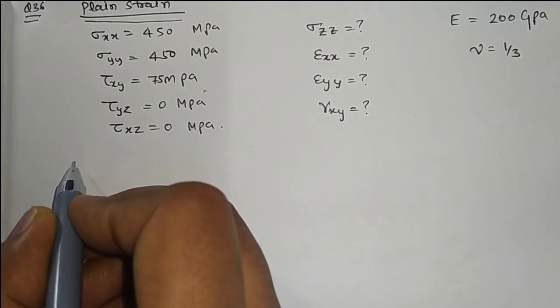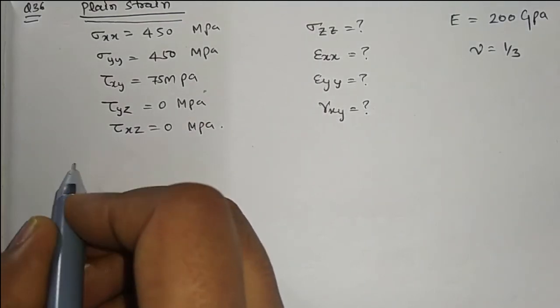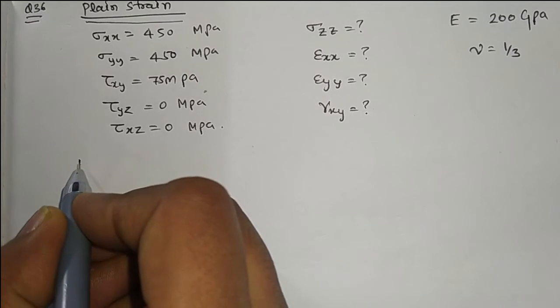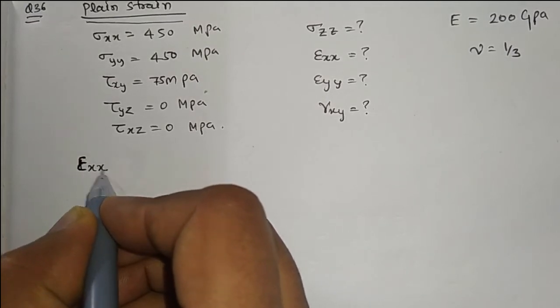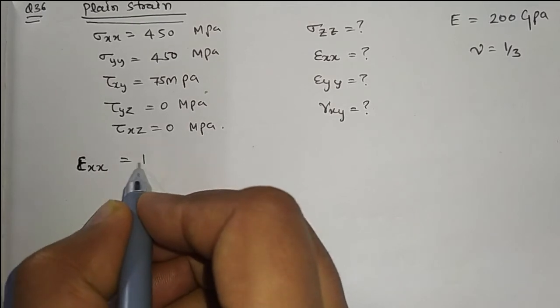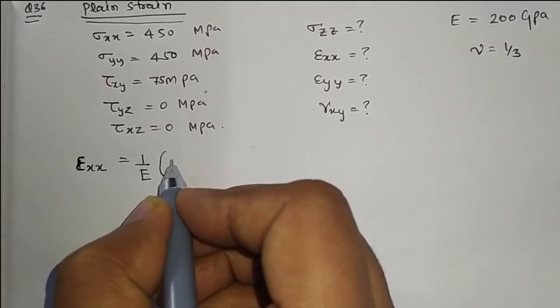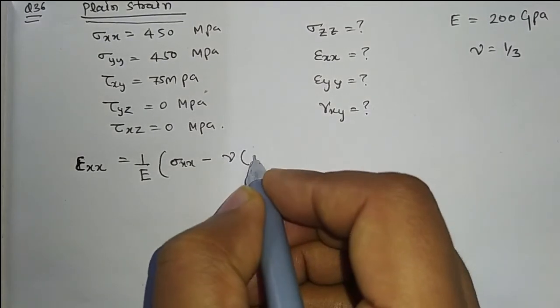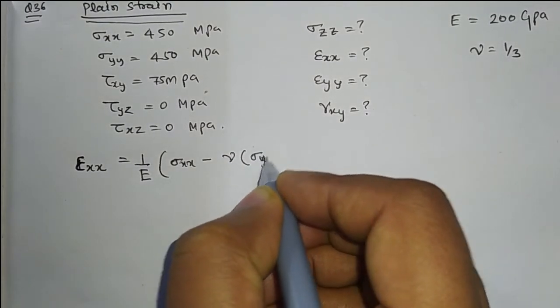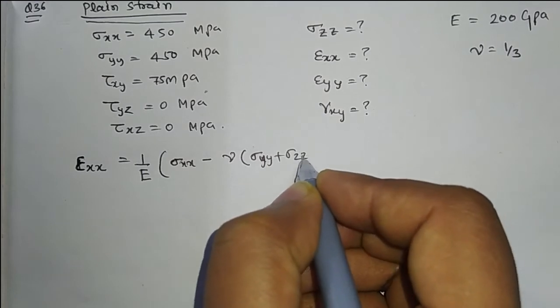We know that from the generalized Hooke's law, the normal strain in x direction is equal to 1 by E times sigma x minus Poisson's ratio multiplied by sigma yy plus sigma zz.